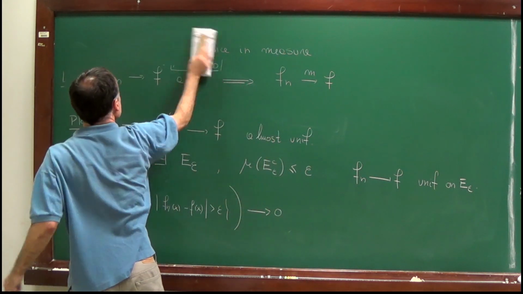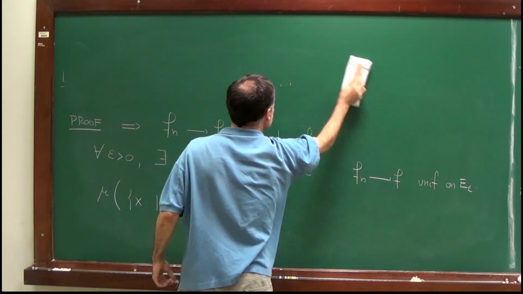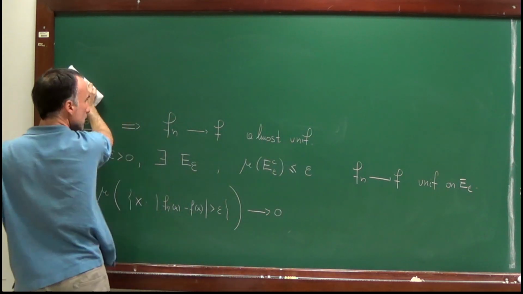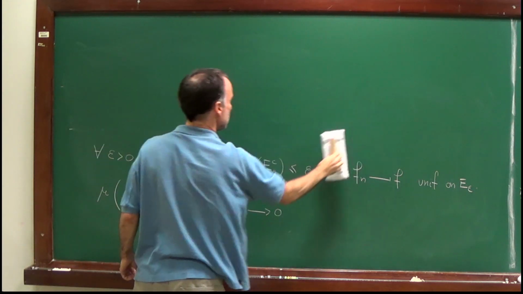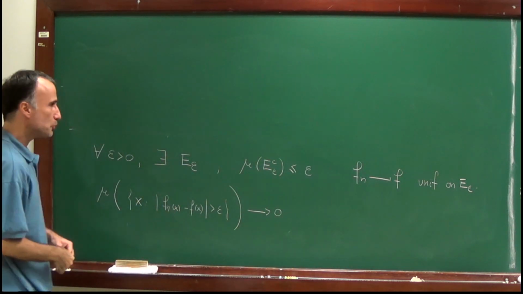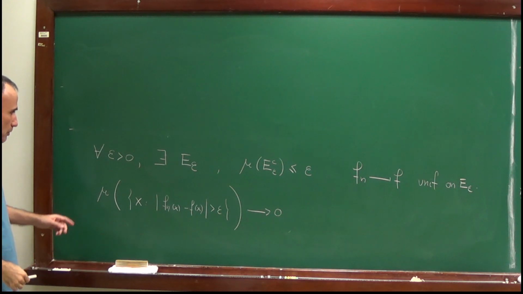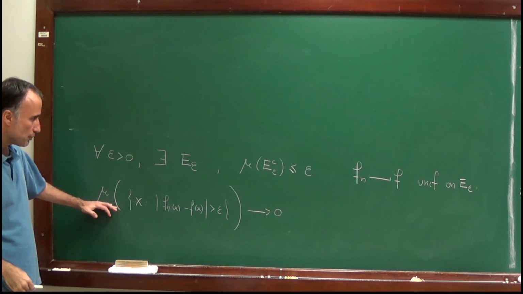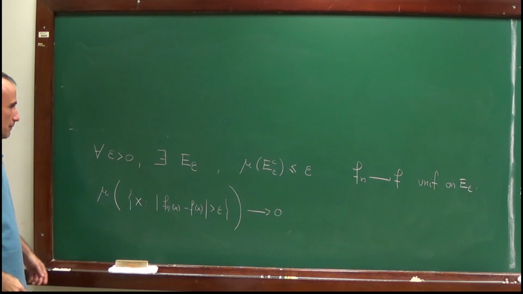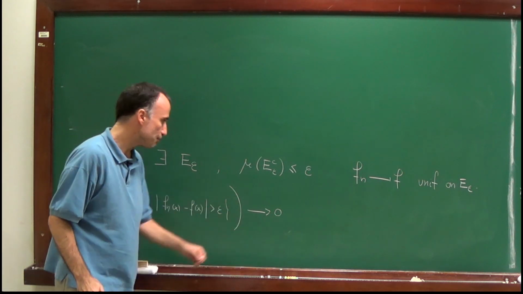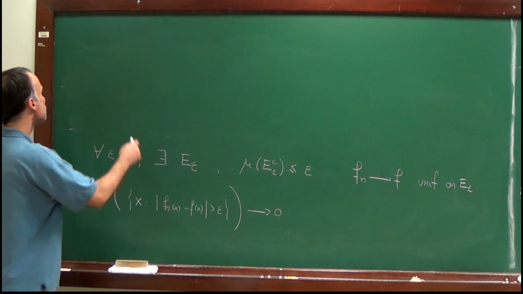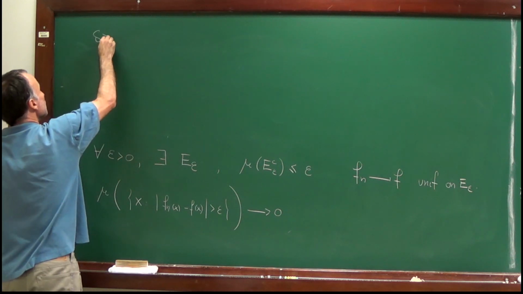So to complete the proof, let me erase this piece of the blackboard, which I will not need anymore. What we need to show is that this measure goes to 0. To show this, fix epsilon.